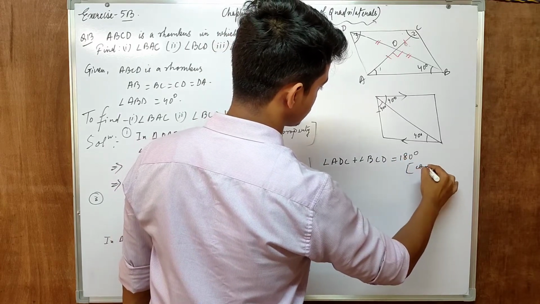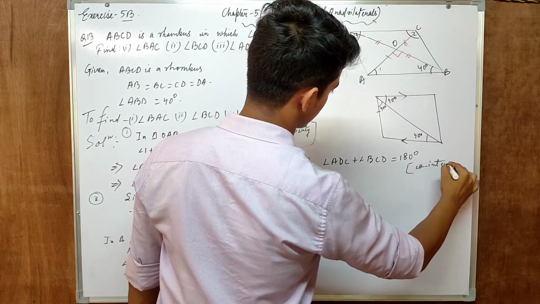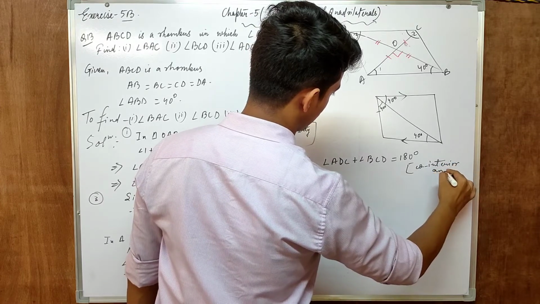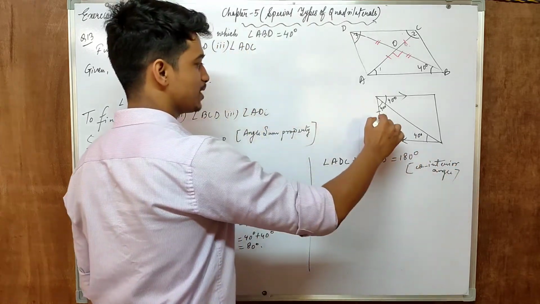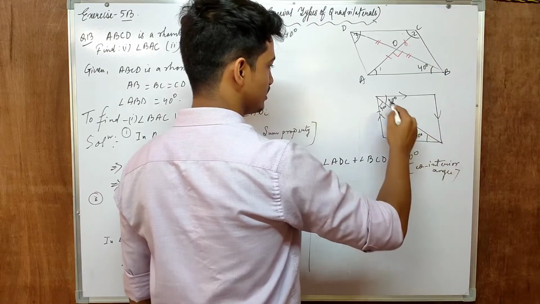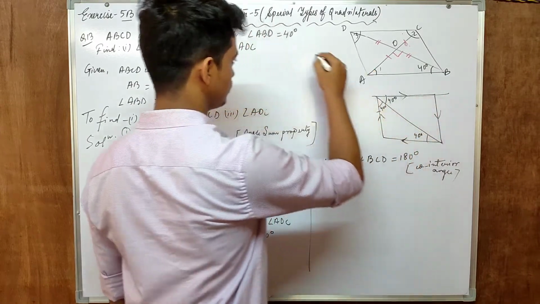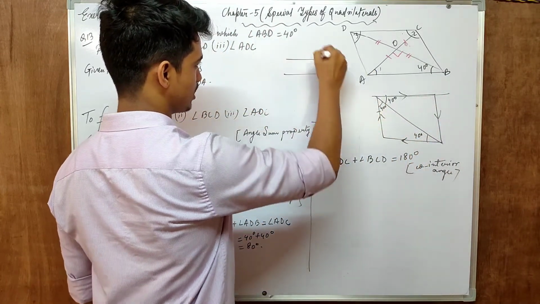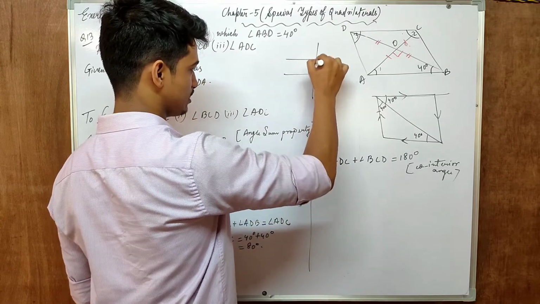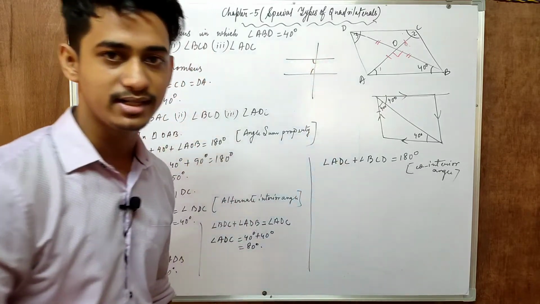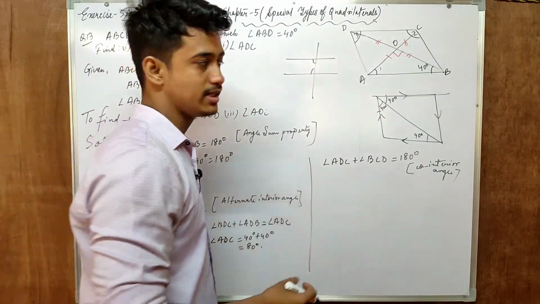How? Co-interior angle. What is co-interior angle? If lines are parallel, then there is one transversal over here. If the lines are parallel, and there is one transversal, then these two angles on the same side become 180 degree as their sum.